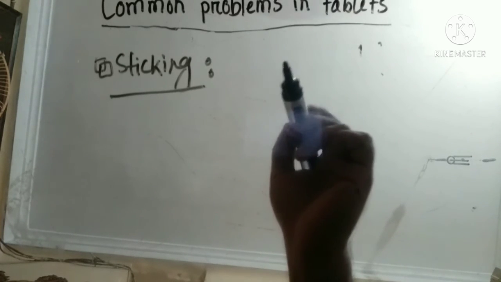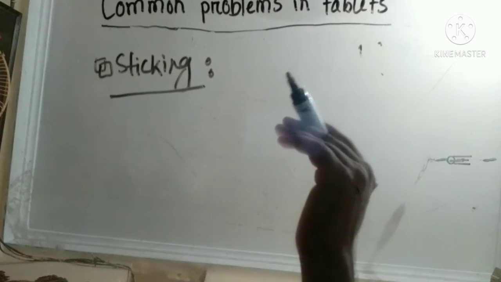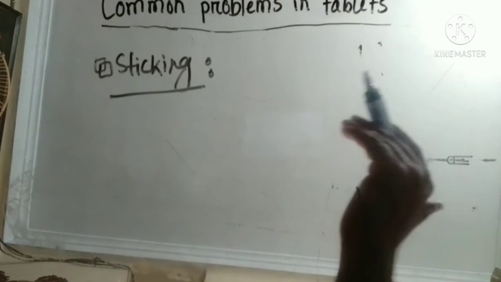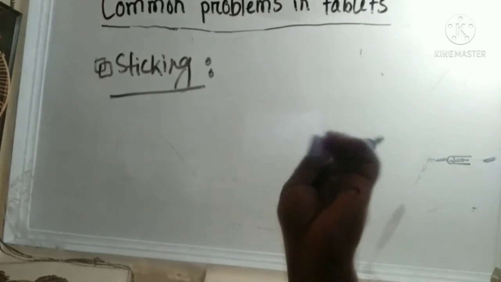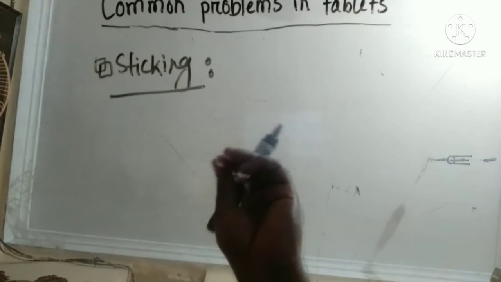Okay, sticking is when too much granules is attached to the die wall, and due to this lower punch cannot move freely.